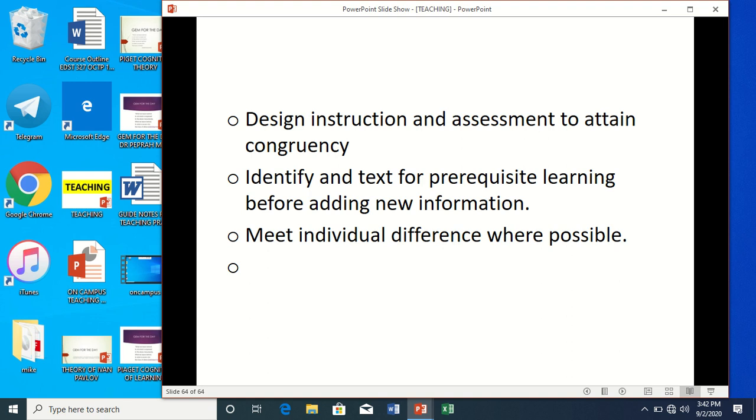Translating the goals into objective setting takes planning. In the planning, you need to identify and then define your instructional objectives. It takes planning to, one, identify, two, define. Define what? Instructional objectives. We need to do that.